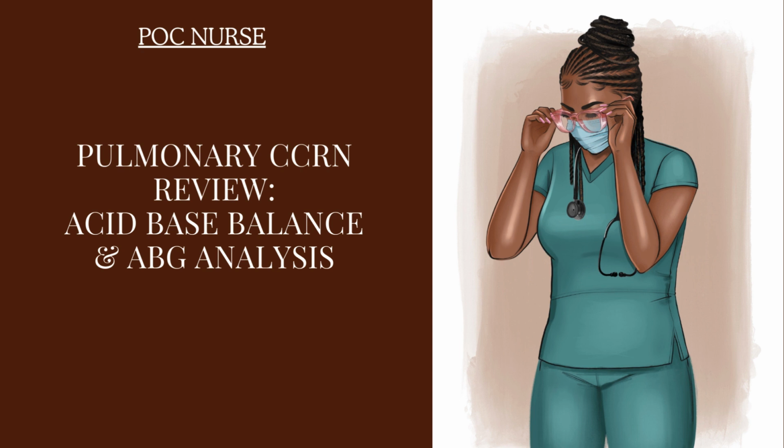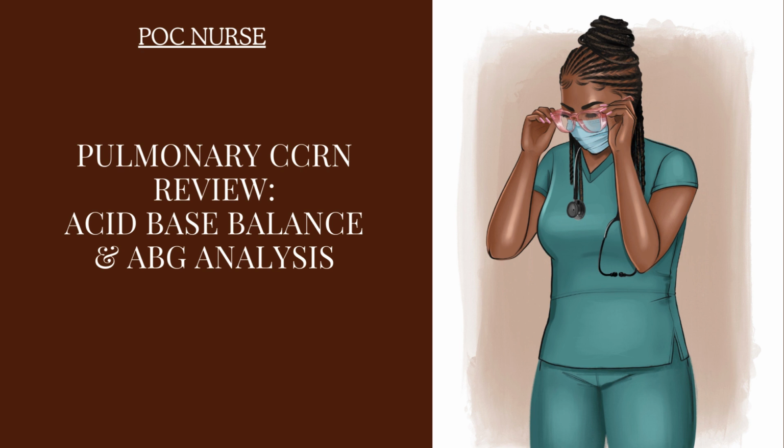So when the body is trying to compensate, or has even fully compensated, we can get a pH that is normal, but our two parameters, the respiratory and metabolic parameters, will be abnormal. So in the case of respiratory acidosis, the PCO2 will be high, and the bicarbonate level will also be high. In that case, we have a fully compensated acid-base issue with abnormal respiratory and metabolic parameters.